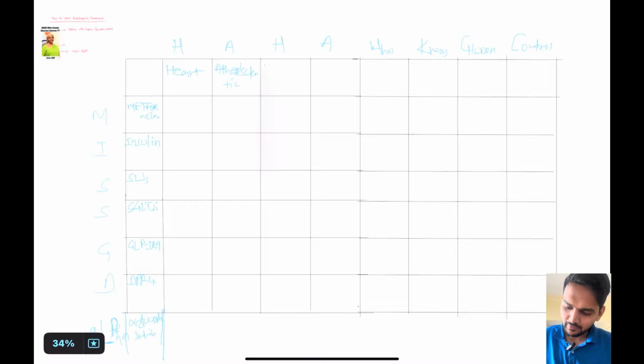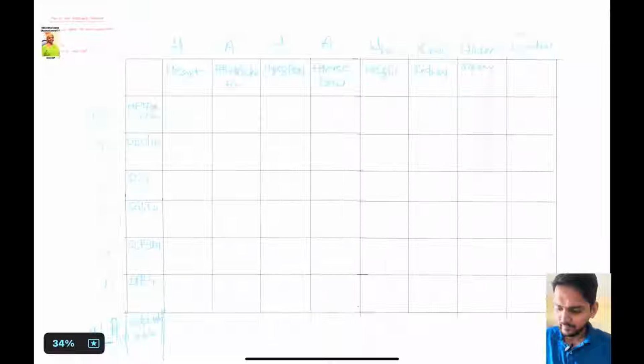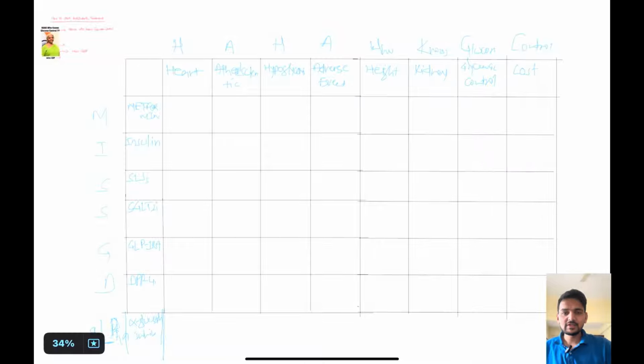One more H stands for hypoglycemic episodes. A is adverse events. This W is nothing but weight we have to consider. K stands for kidney health. G is glycemic control. And this C stands for cost. So these are the factors which we have to consider whenever we want to choose anti-diabetic medication in every individual.